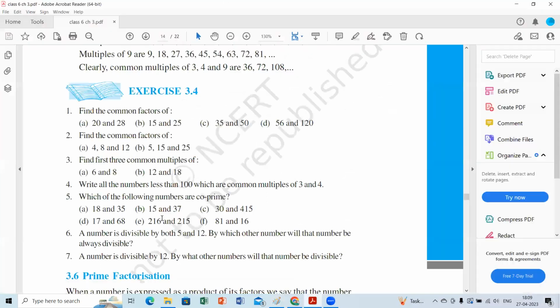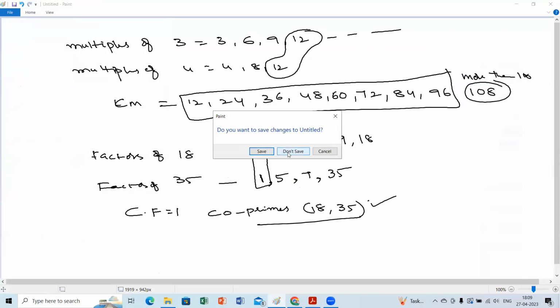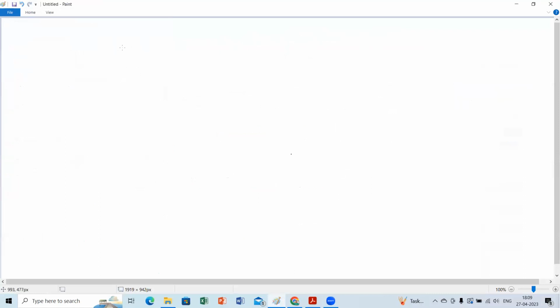Now the second question, for Sritej: 15 and 37. The factors of 15 are 1, 3, 5, and 15.